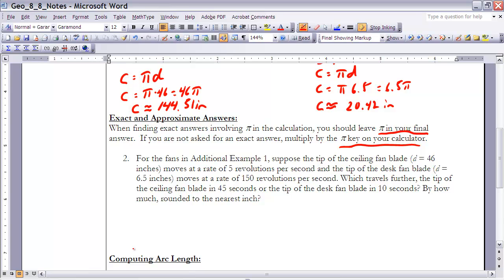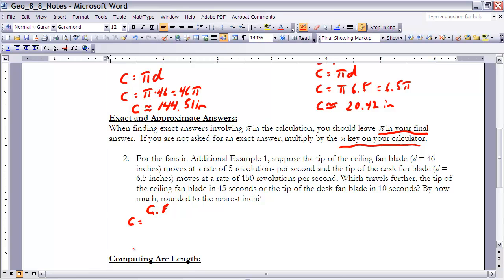Well, we know 1 revolution is the circumference of the circle. So if I look at the ceiling fan, and I'm going to stick with my abbreviation of CF, the circumference of that is 46 pi, so I'm just going to write that down.